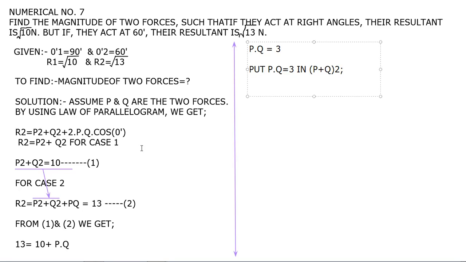This is the expression that we can use. Rather than equation number 1 and 2, you can expand the P plus Q whole bracket square. So therefore, P plus Q whole bracket square will be equal to P square plus Q square plus 2PQ. Only we will get here 2PQ for this equation, right? So therefore, we can put this PQ here.